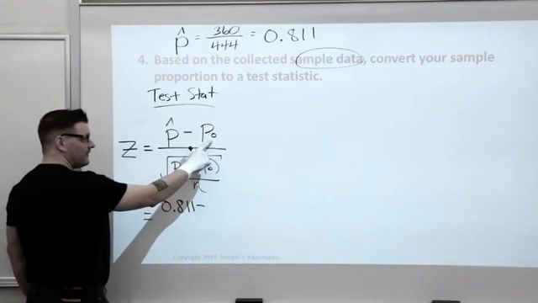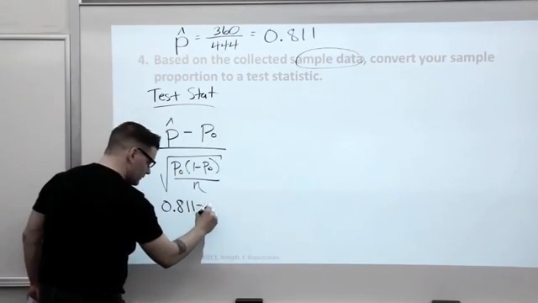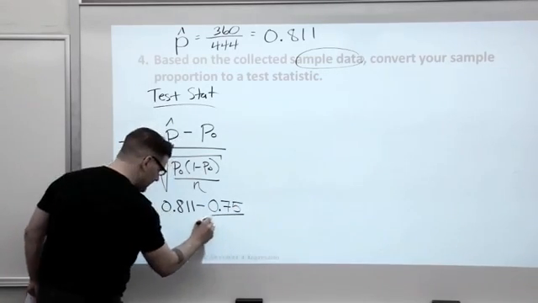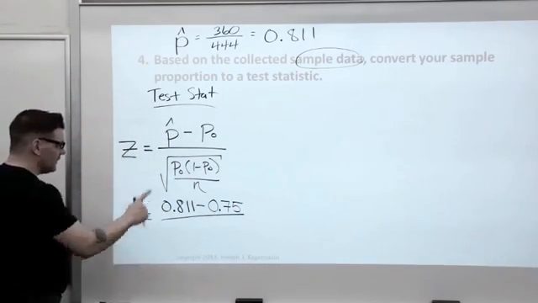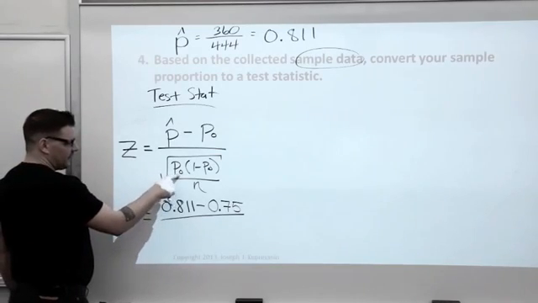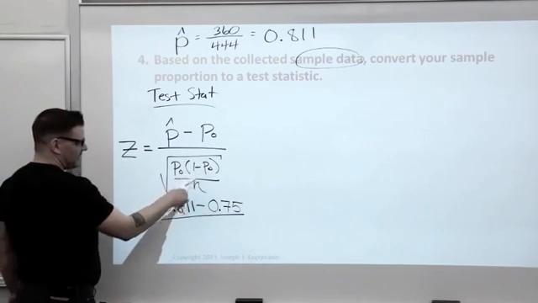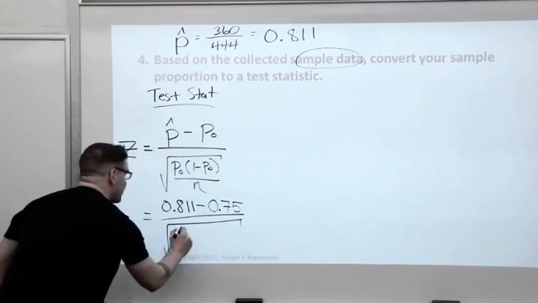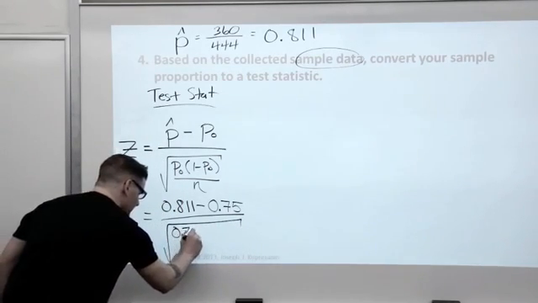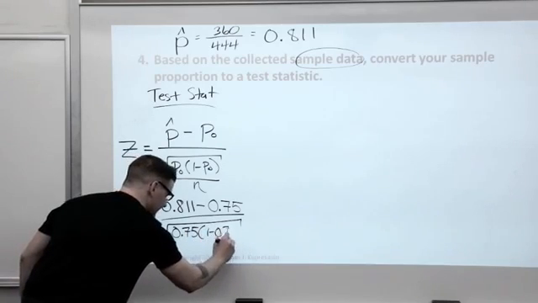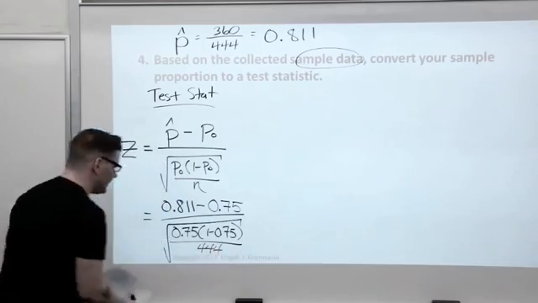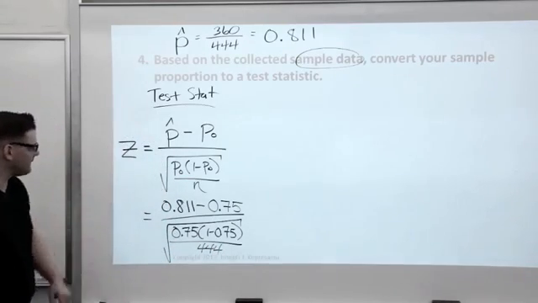I'm subtracting off the hypothesized value. Remember, we're testing for greater than 0.75 or 75%. So that goes there. Down in the bottom, be careful. This will be 0.75. This will be 1 minus 0.75. And how many students total? The n is 444. Yep.